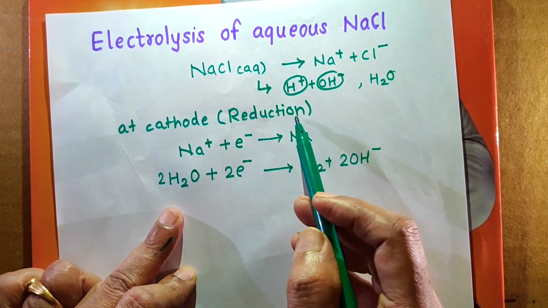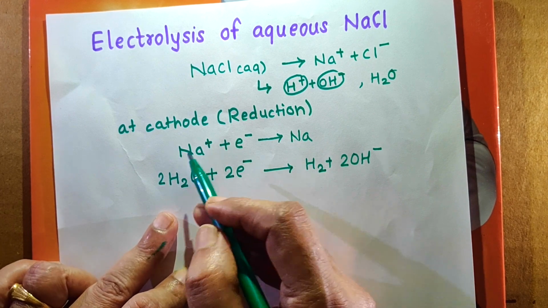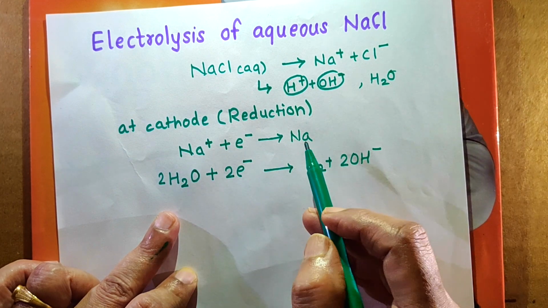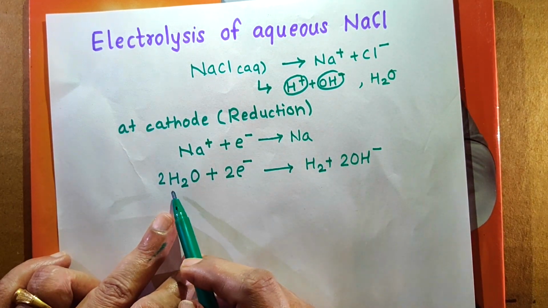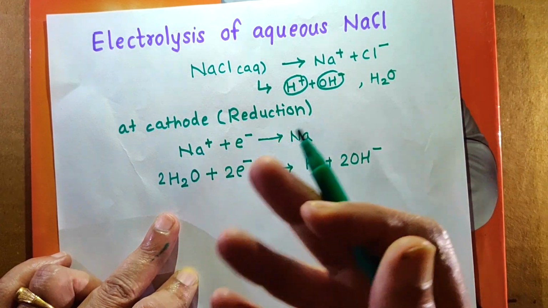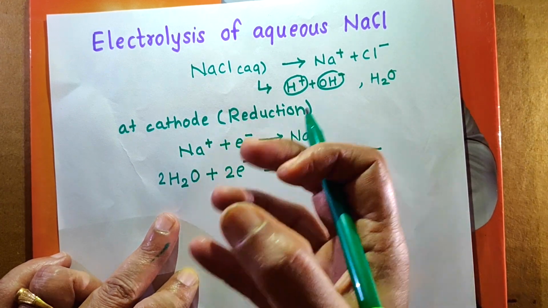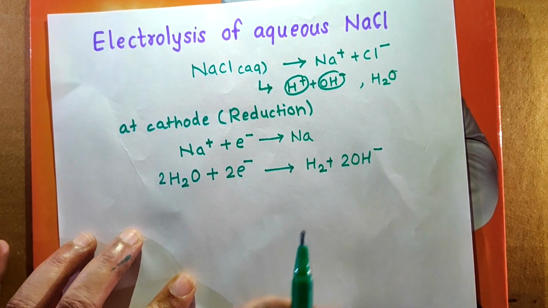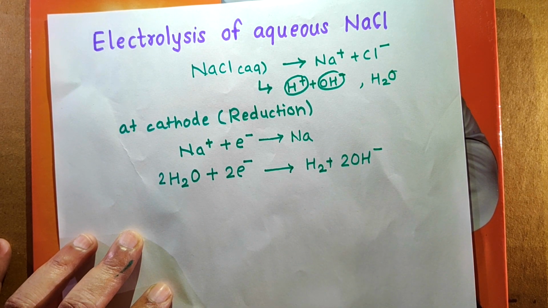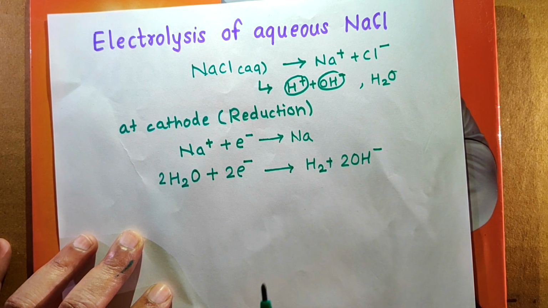That means at the reduction electrode, these two reactions can take place in aqueous NaCl solution. Na+ ion can reduce to Na, or H2O molecules can reduce to H2. That means for gaining the electrons, two species are in a race, Na+ ions and H2O molecules. They both will try to gain electrons, but which has more tendency of gaining electrons?